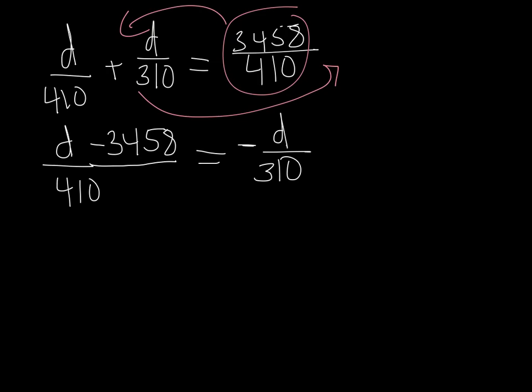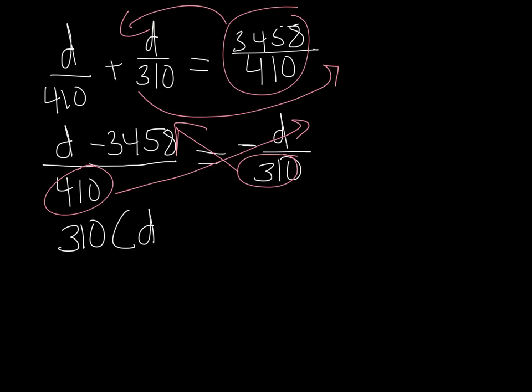Now we remember how to clear fractions. If I multiply both sides by 410 and both sides by 310, everything goes away. So we multiply that out, and what you're left with is a linear equation that looks like this. I have 310 times d minus 3458 is equal to a minus 410d.